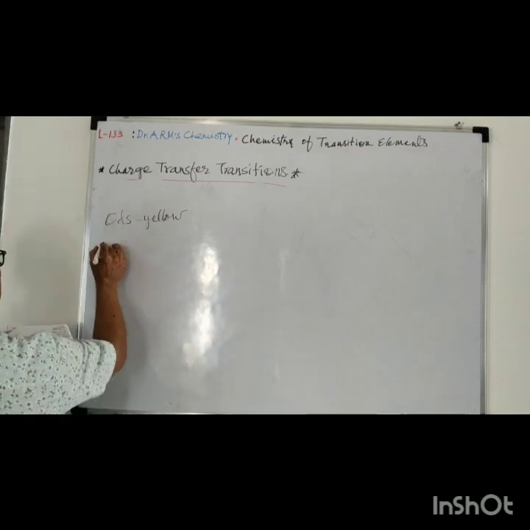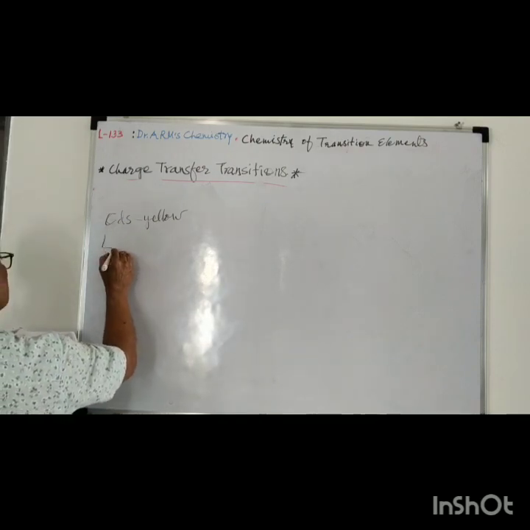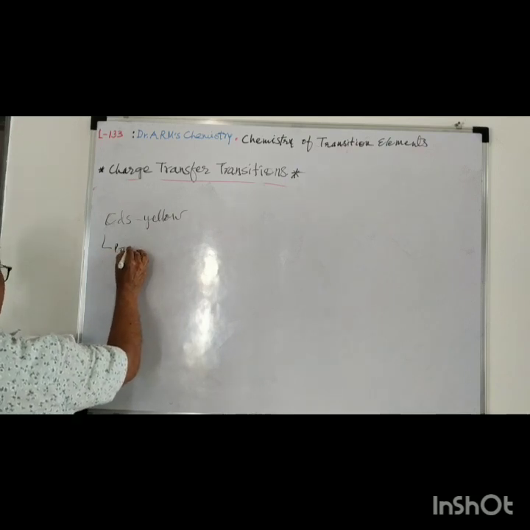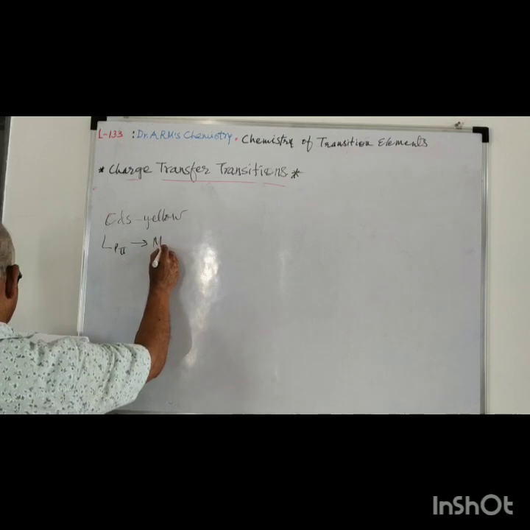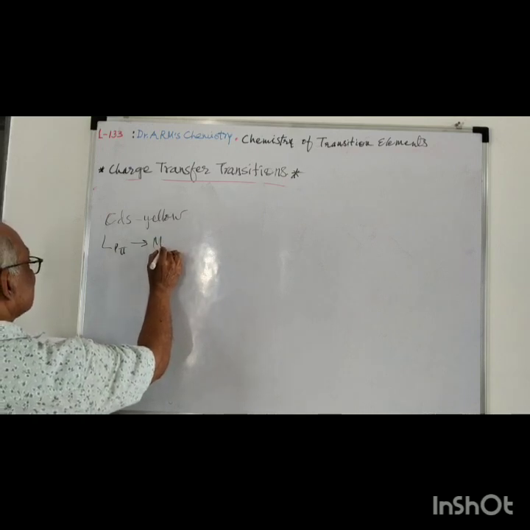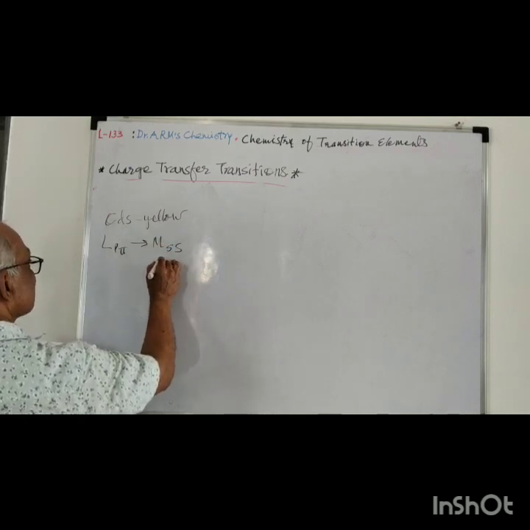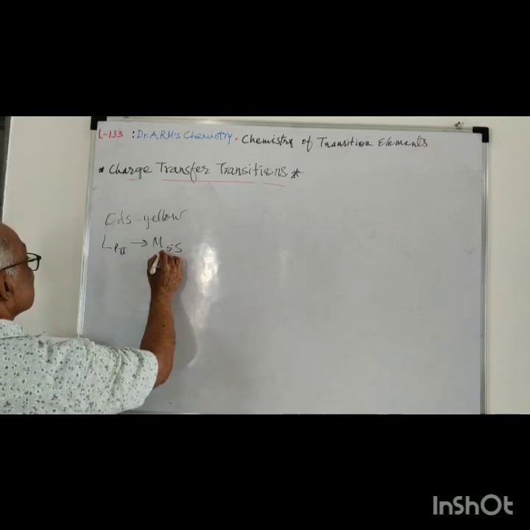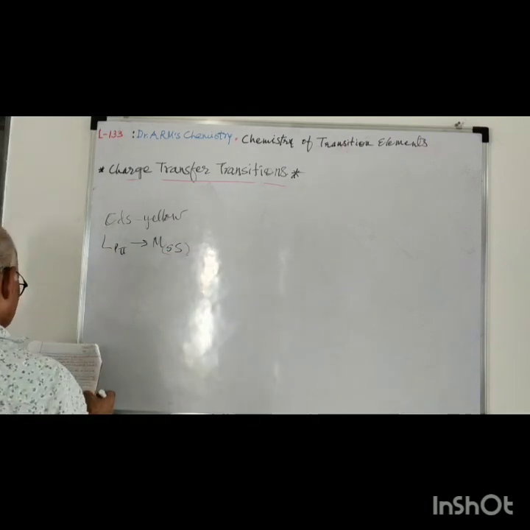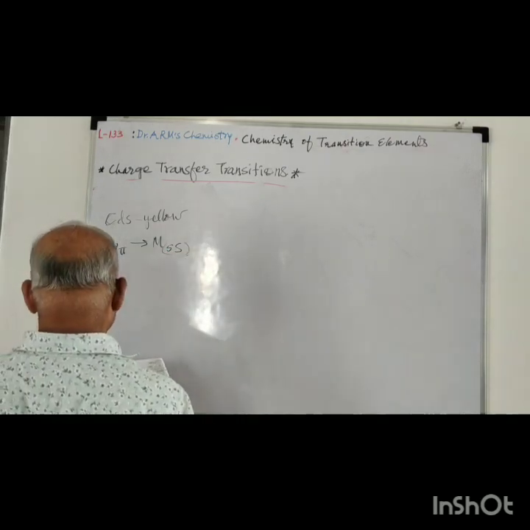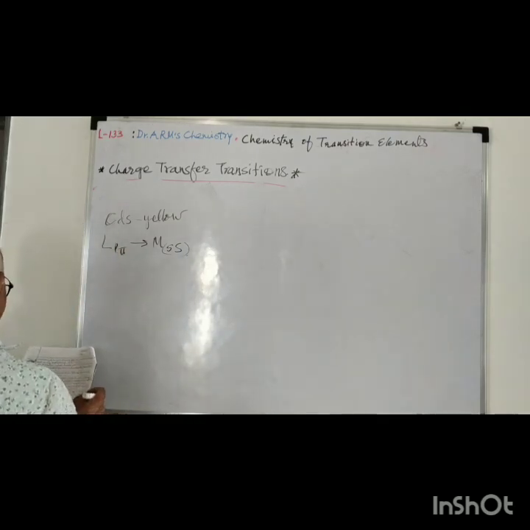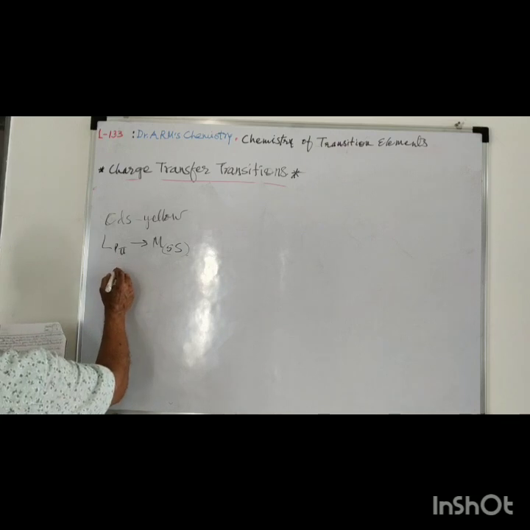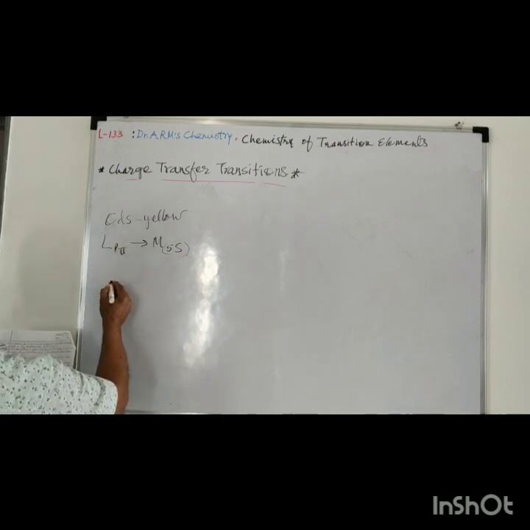It will have a ligand p pi orbital transition to metal 5s, and we have shown the colors here.